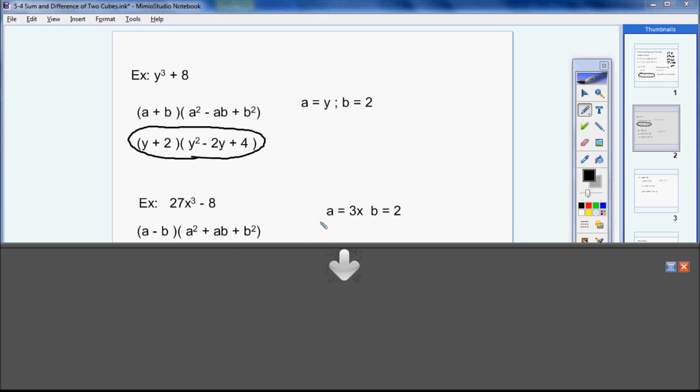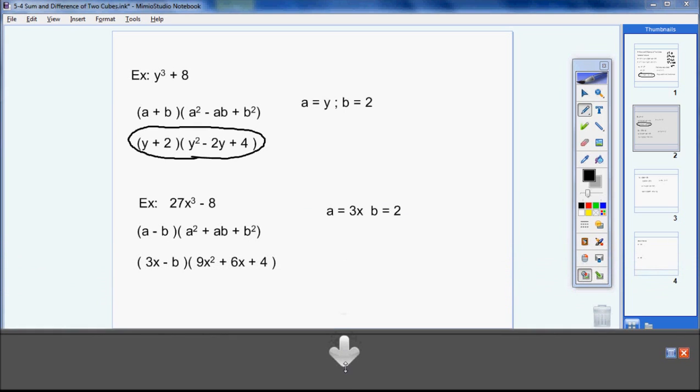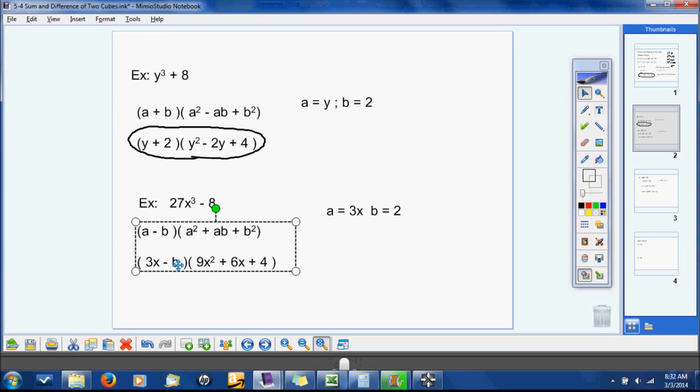So everywhere you see an A here, you put in a 3x. Everywhere you see a B here, you put in a 2. So we end up with 3x for this A minus, this is a mistake, this should be a what? It should be a 2, right?